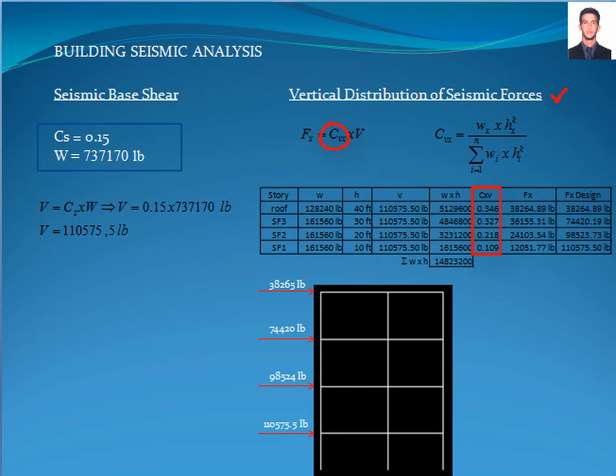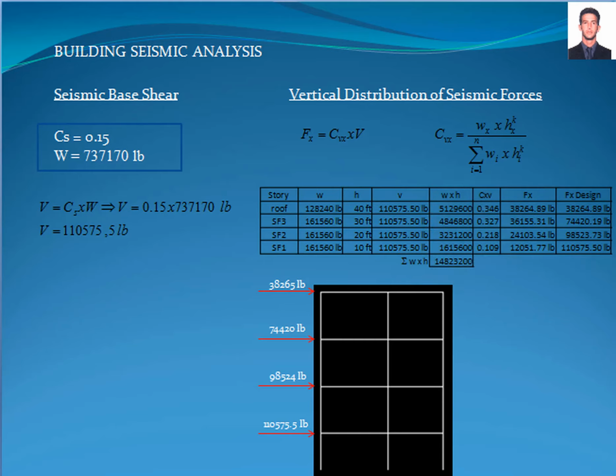The distribution factor is calculated with equation 12.8-12, where w is the seismic weight of the story level, h is the height of the level measured from the base, and k is a value related to the structural period, 1 for a period less than 0.5 seconds and 2 for periods between 0.5 and 2.5 seconds. The summation is the sum of the total value that results from multiplying w by h of each story.